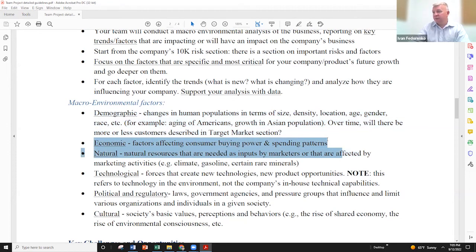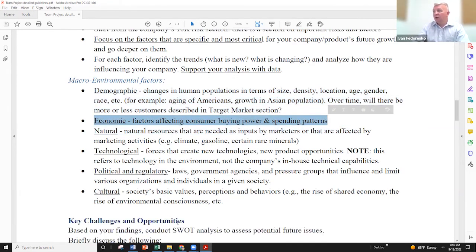Economic factors, just like demographics affect how many customers there are, the economy affects how much money these customers are willing to spare. Factors such as inflation, which we're currently experiencing, economic growth or downturn, unemployment rates, salary growth rates, and labor market.